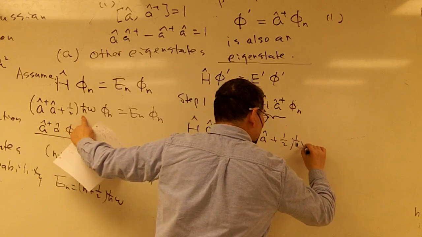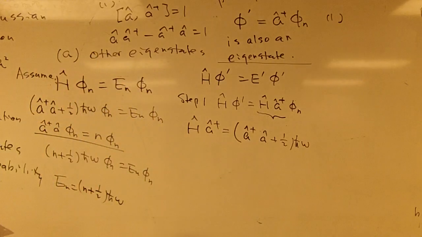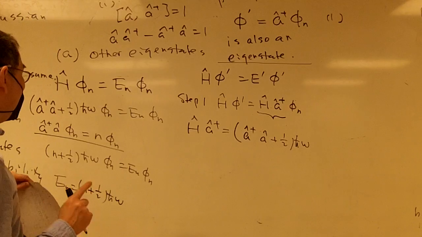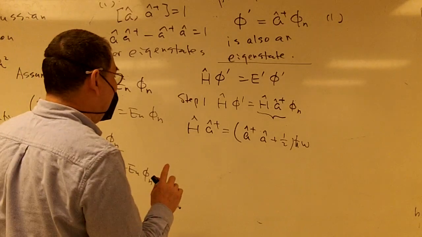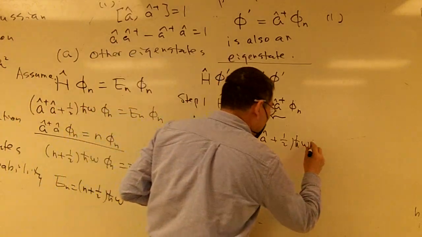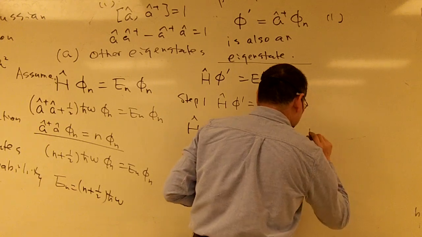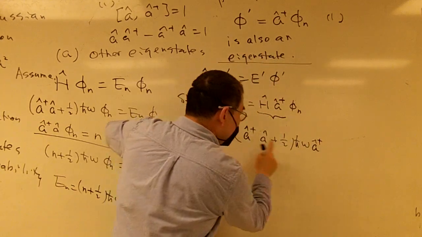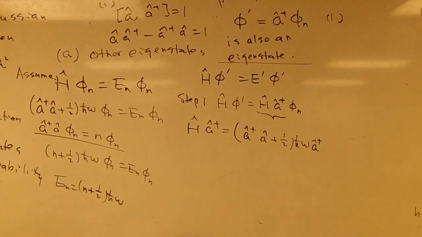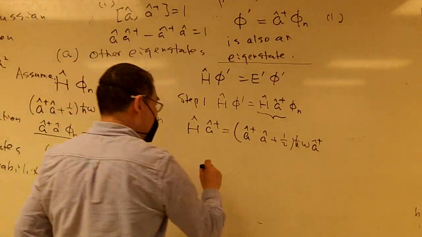So that's my h hat. And you notice that I also have the a dagger at the end. So this a dagger is that a dagger. Okay. So I have two terms now. Let me expand them.